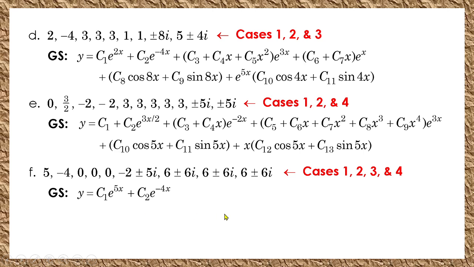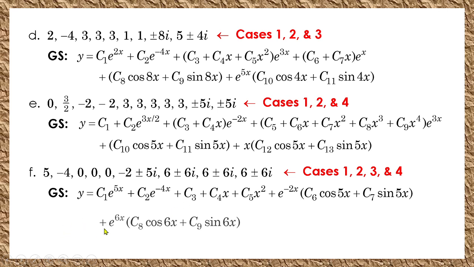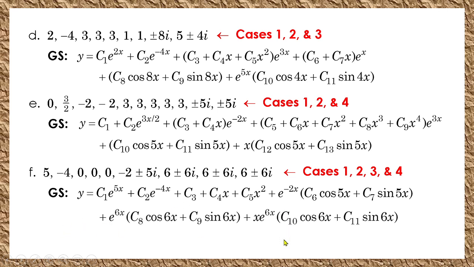Next, repeated 3 times: C sub 3, C sub 4 x, plus C sub 5 x squared. No e, because the exponent of e is 0. And then the third case: e to the negative 2x, C sub 6 cosine 5x plus C sub 7 sine 5x, repeated 3 times. Case 4: first without x, second with x, third with x squared.